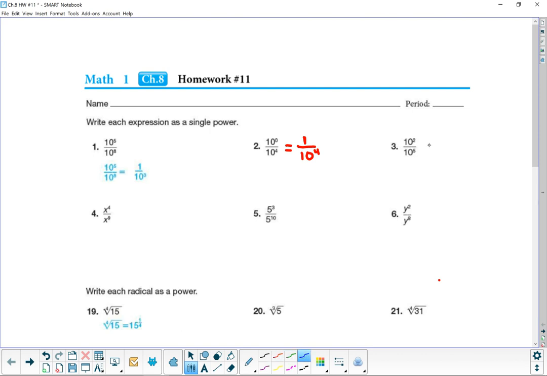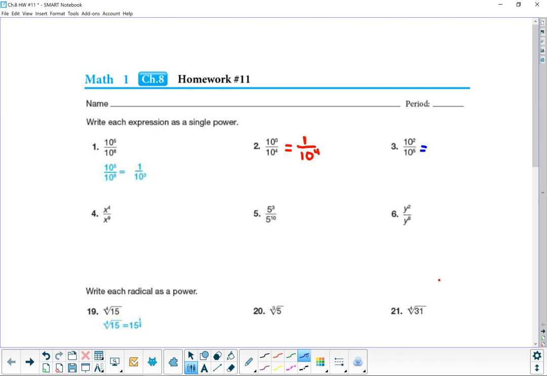The next one, 10 to the 2 over 10 to the... Is that a 5 or a 6? I don't know. Let's just say it's a 5. So 10 to the 2nd over 10 to the 5th.